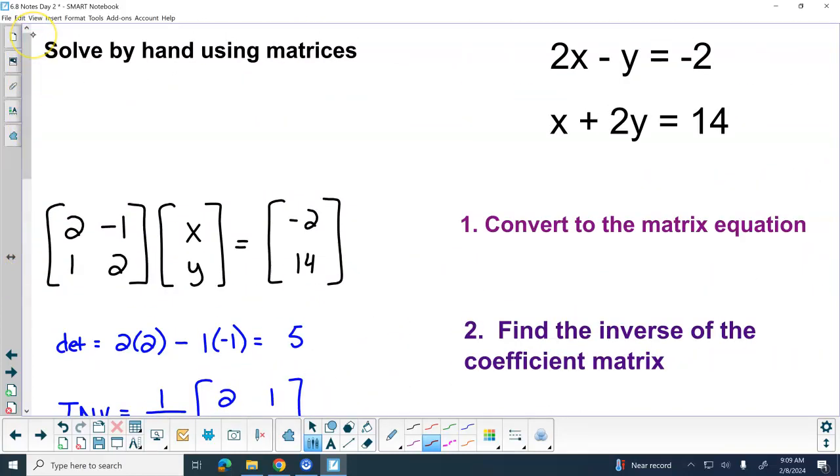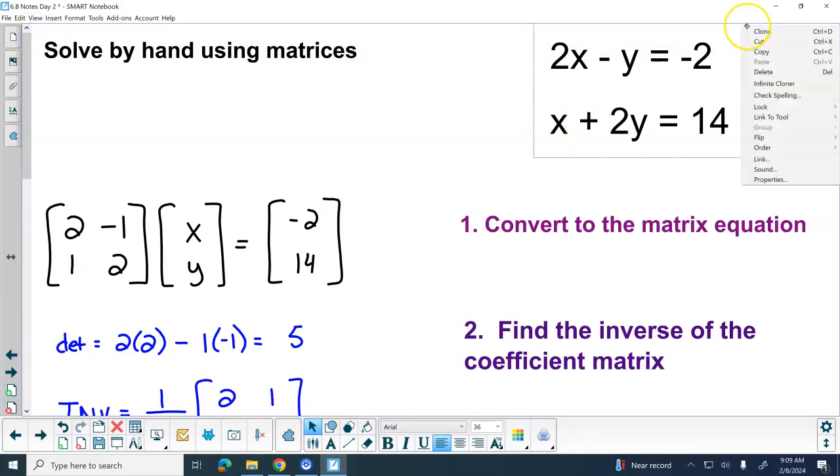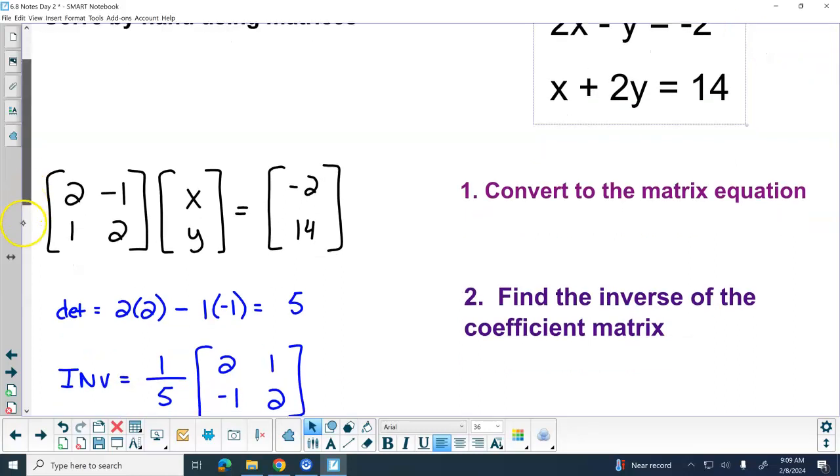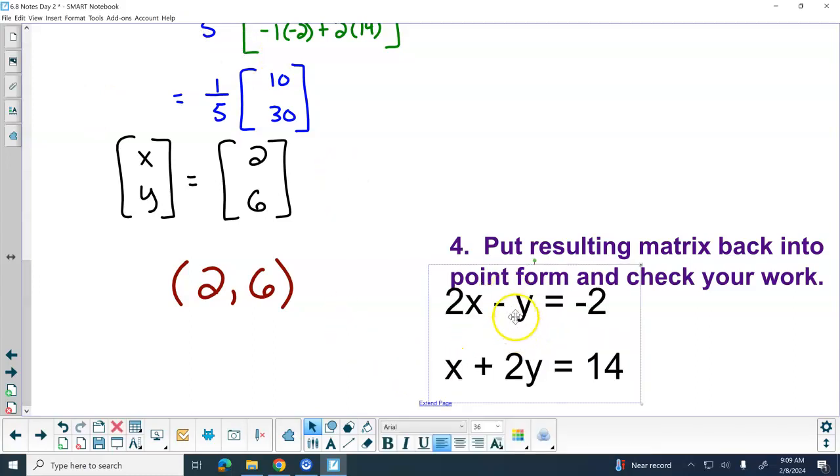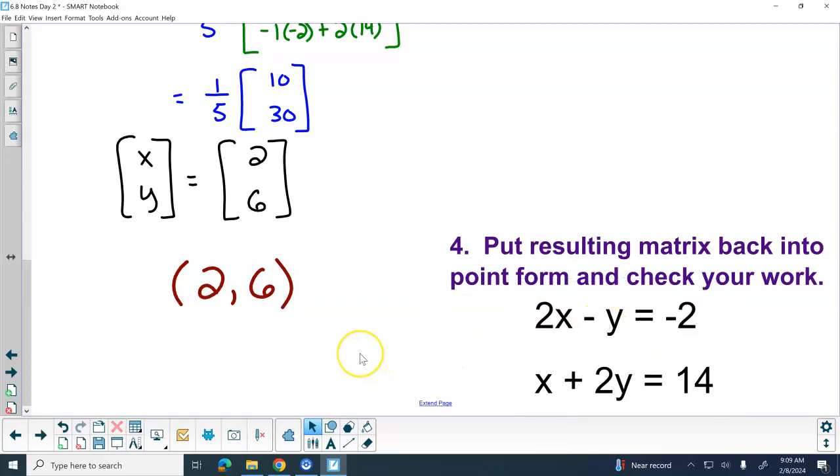And then, I thought I put this at the bottom, but apparently I did not. Two times 2 is 4.